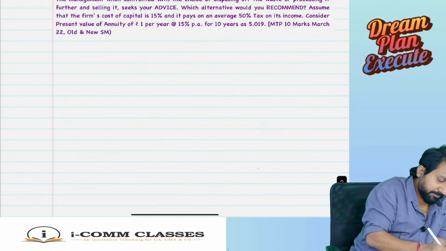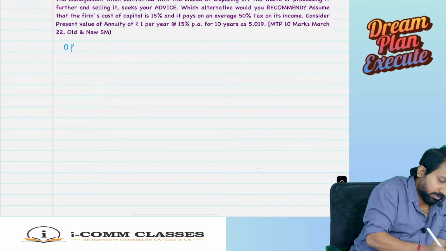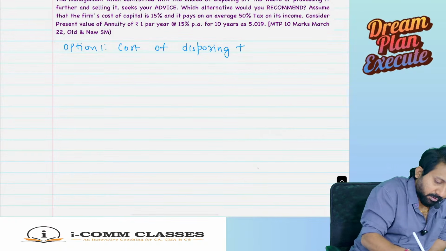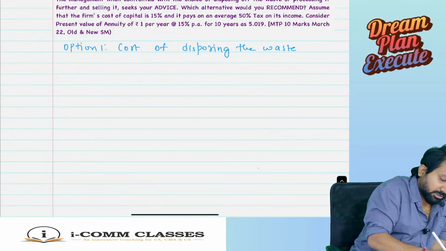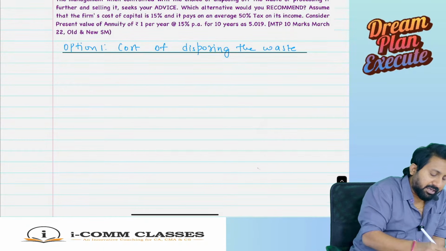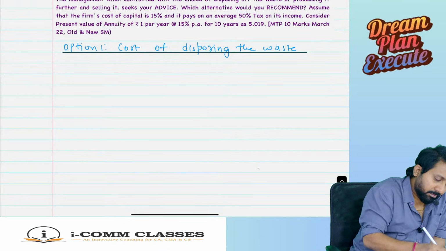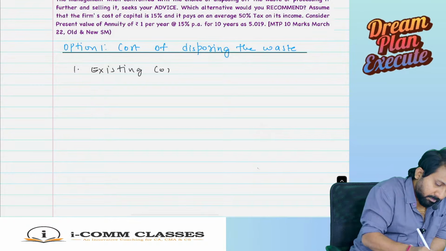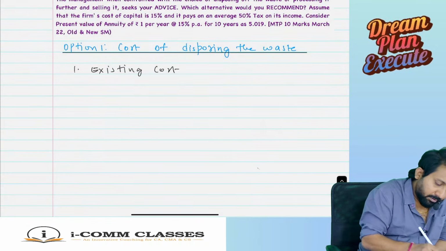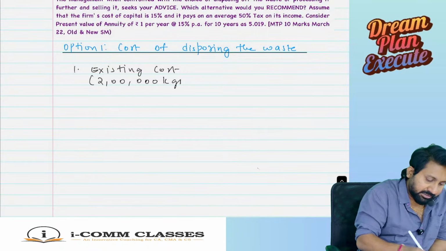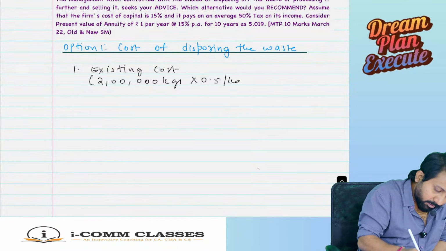Option 1. Cost of disposing the waste. Existing cost. Two lakh kilograms into 0.5.